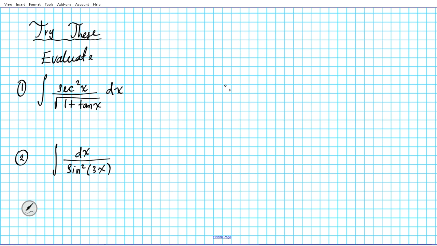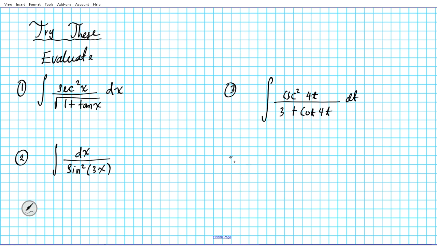Alright, number 3, what if you were to evaluate the integral of cosecant squared 4t divided by 3 plus cotangent 4t dt?